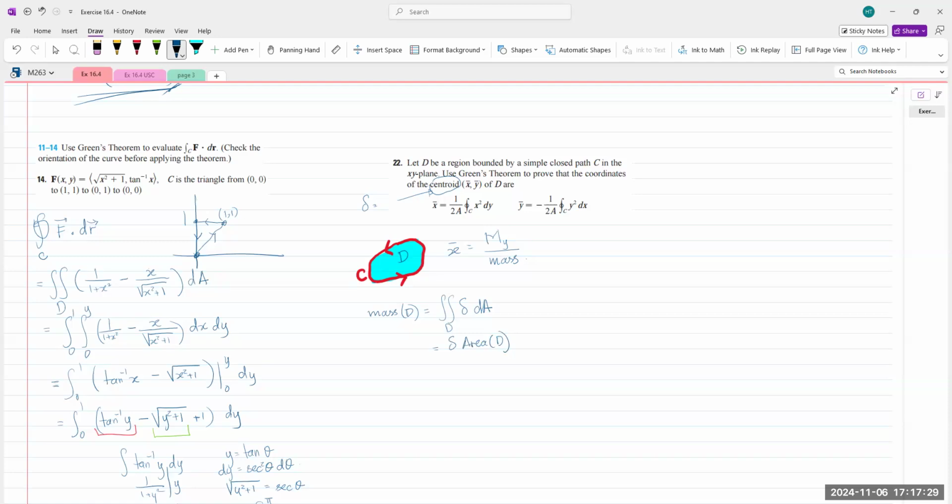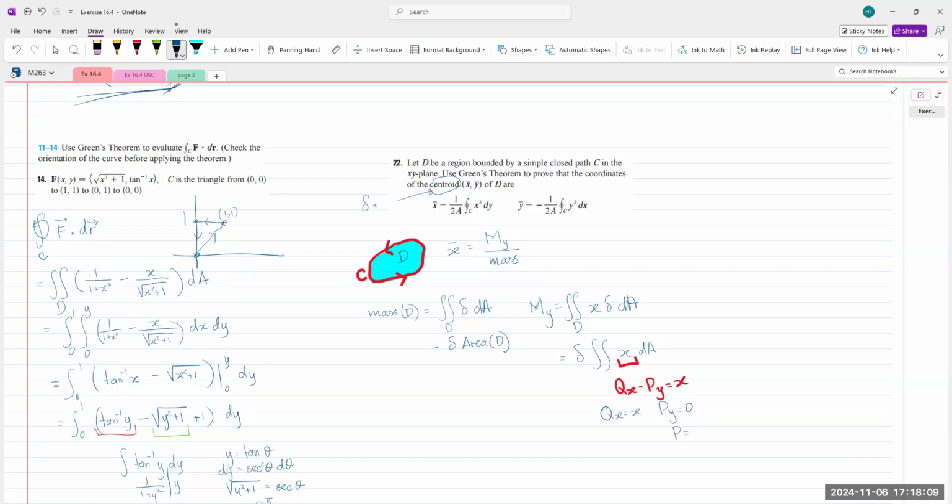Okay, however, how about the moment with respect to y? The moment with respect to y is the double integral over D of x times density dA, right? We can factor the density out: double integral of x dA. Now, call this x our Q sub x minus P sub y equals x. Now we can assign Q sub x to be x and P sub y to be 0, right?